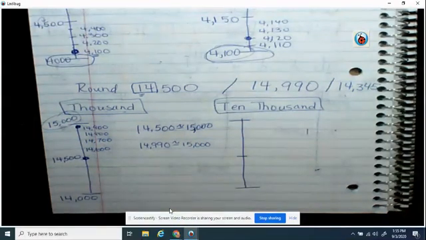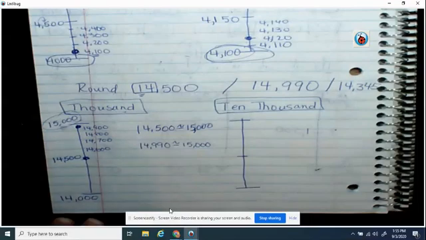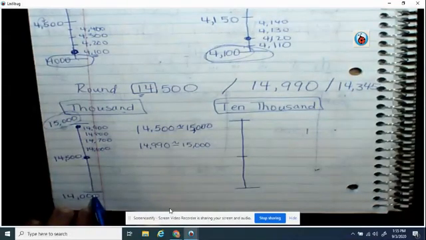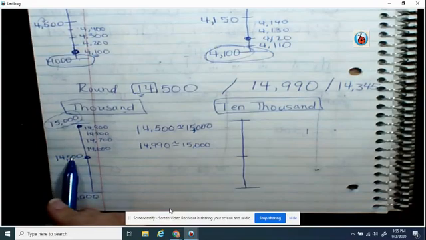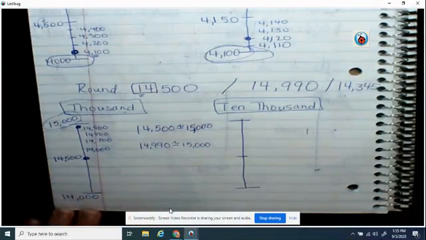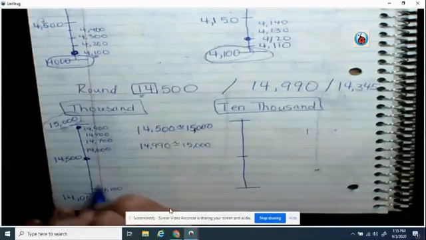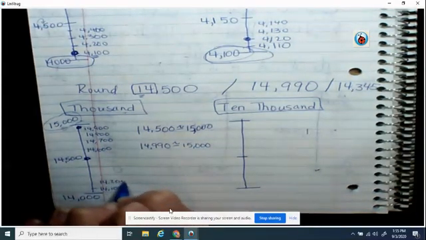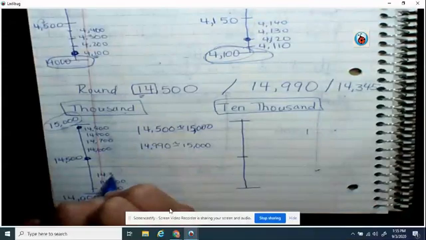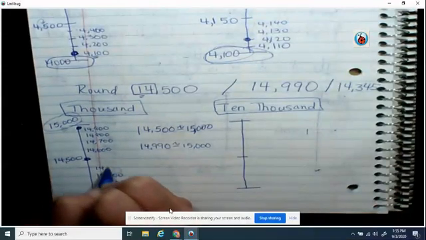Okay, let's look at this one, 14,345. Okay, so 14,000, 15,000, 14,500. Where would 14,345 go? Well, 14,100, 14,200, 14,300, 14,400.